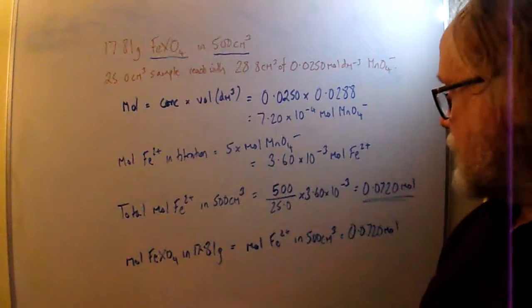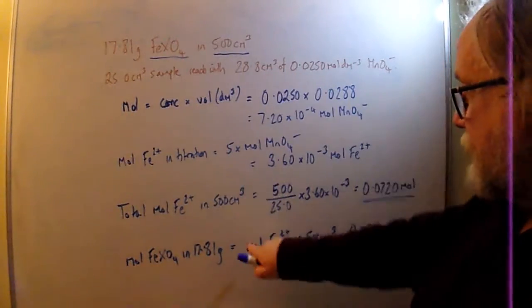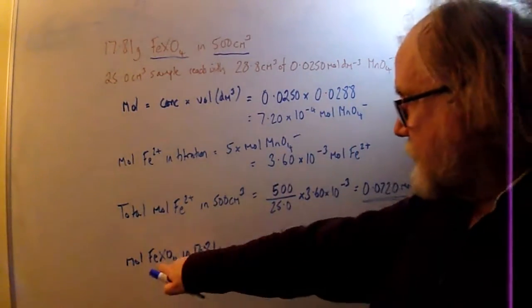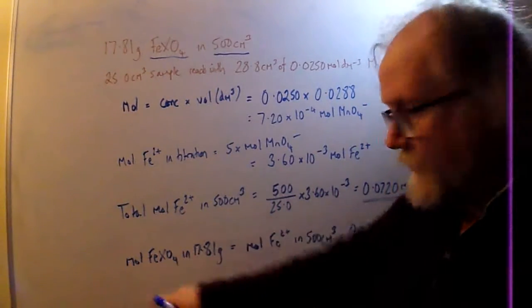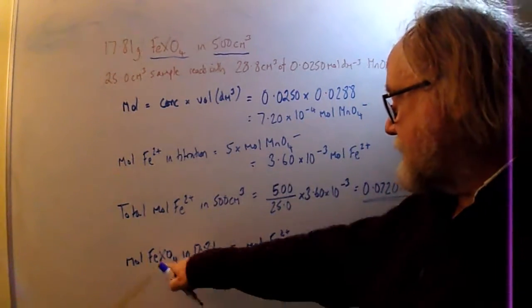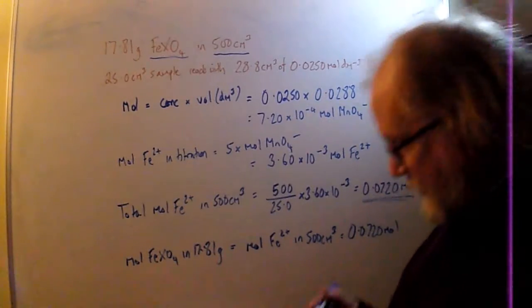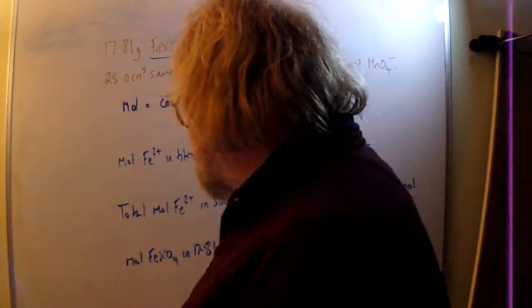Okay, so we're just making that connection between the moles in solution, which we've deduced from the titration, and saying that because the formula just contains one Fe2 plus in it, then that's the same as the moles of that compound.